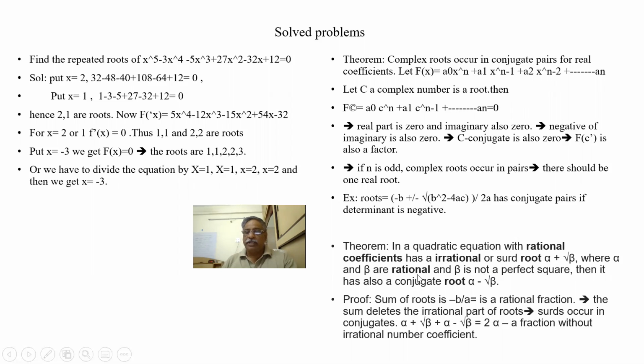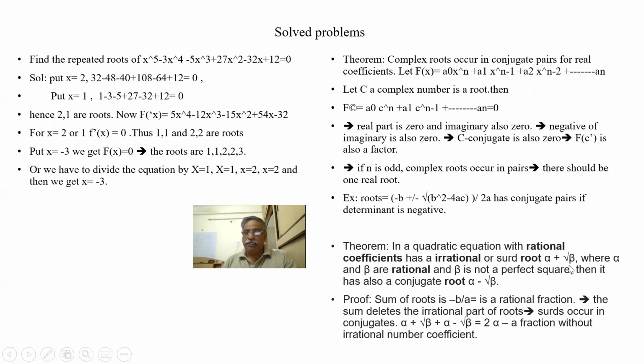Now let us take irrational roots. Suppose root 2, root 3, root 5 are irrational roots. Say surds, alpha plus root b. If such roots are there and the coefficients are fractions, quotients, then what is the sum of the roots? You have some real plus some surd, but the sum of the roots is minus b by a, which is real. So the surd should get cancelled. That means alpha minus root b also should be a root of this.